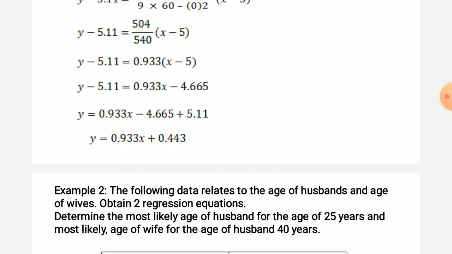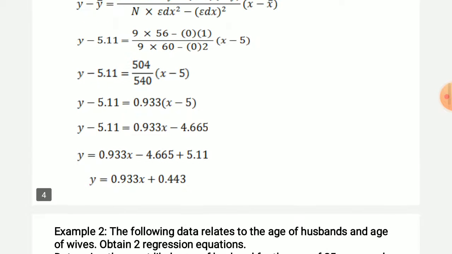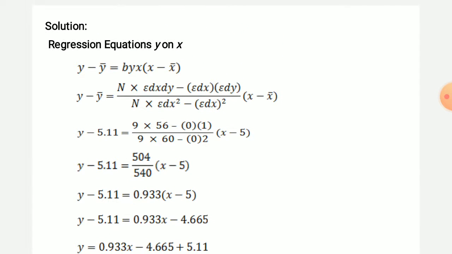Similarly, we can calculate the regression equation x on y by using the formula x minus x bar is equal to bxy into y minus y bar, and bxy can be written as n into sigma dx dy minus sigma dx into sigma dy, divided by n into sigma dy square minus sigma dy whole square.